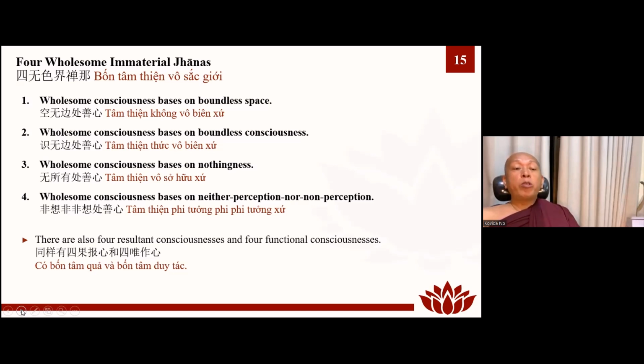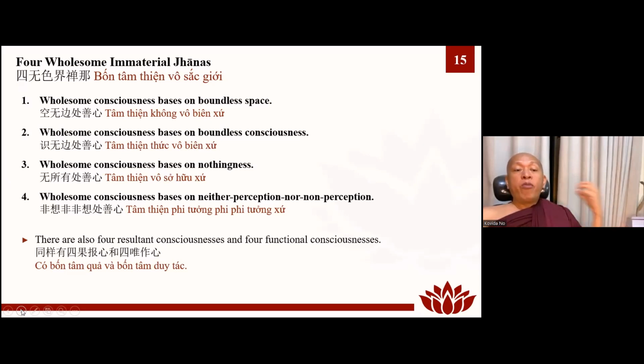So about jhana, if we summarize all the jhana, we can say for material, we call material jhana. This is an immaterial jhana, right? So material jhana, 5 wholesome, 5 resultant, 5 functional, altogether 15 types of material jhana. Now for immaterial, 4 wholesome, 4 resultant, 4 functional, altogether 12.